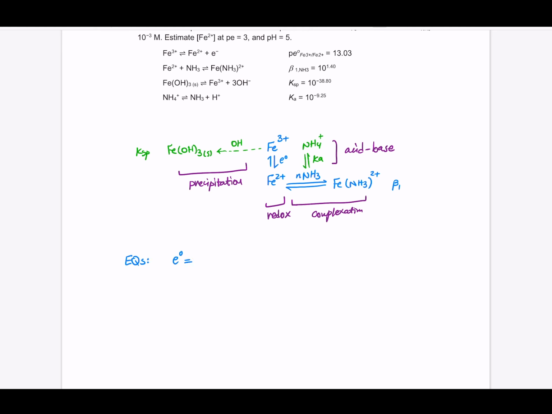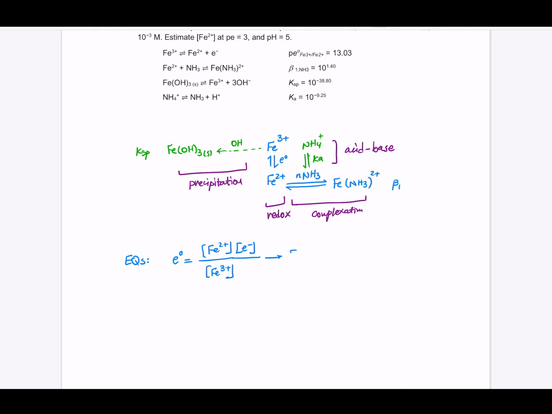It's written in the standard way, so this would be Fe2+ over Fe3+ times the concentration of electron. Let's just construct everything based on Fe3+.